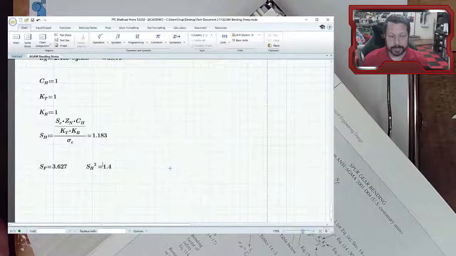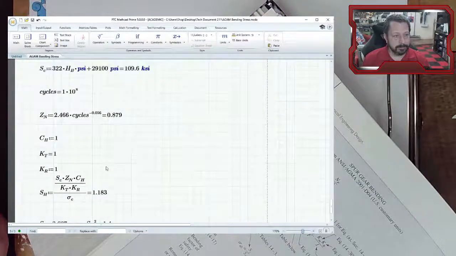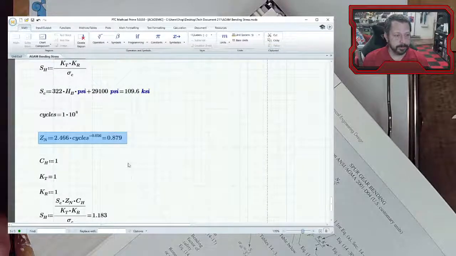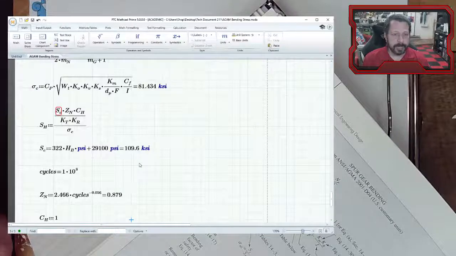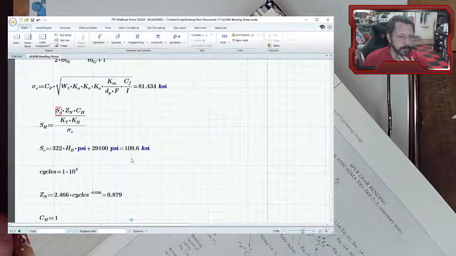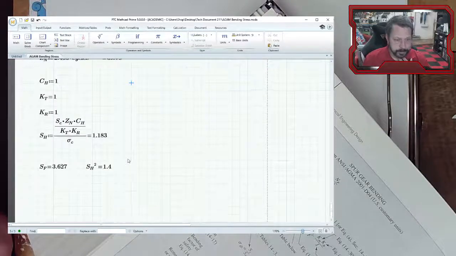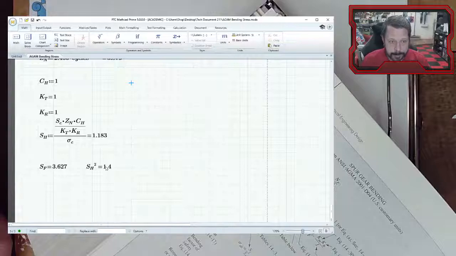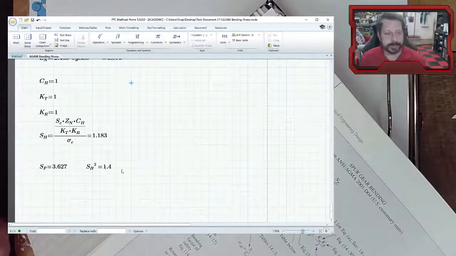It is not much above 1, but we did take the most conservative approach on, like, the ZN. Anytime we had a choice to make on conservative approaches, we took the most conservative one. So we should be okay for this scenario. So that is how you would do AGMA contact stress.